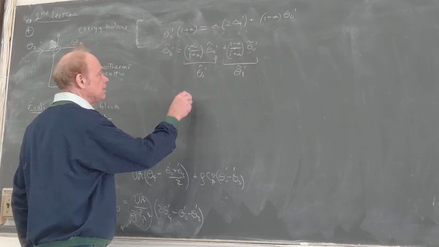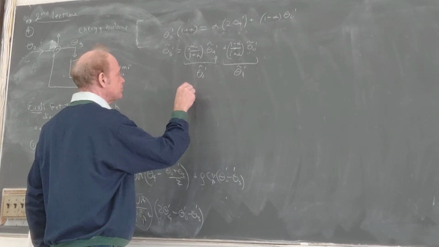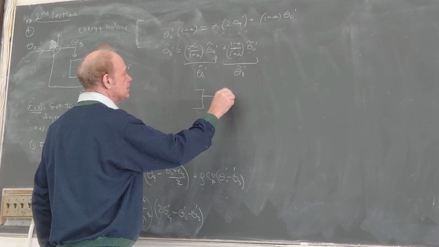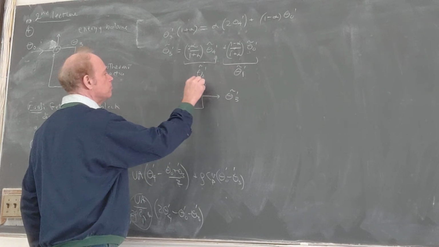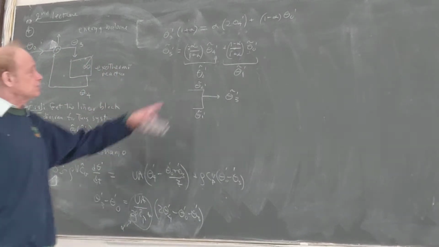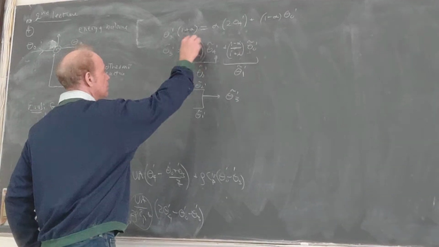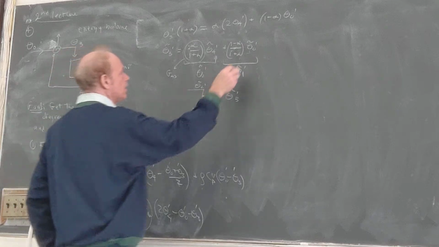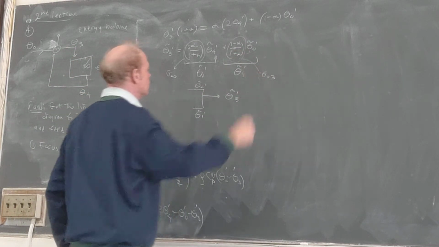Okay, so that tells me that if I want the sum here, I should do theta 3 prime tilde, theta 2 prime tilde, and theta 1 prime tilde. So that's a representation of this. But I can call this thing G43, and I can call this thing G03.